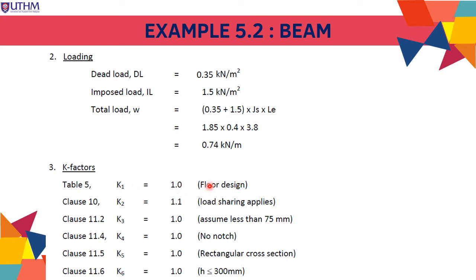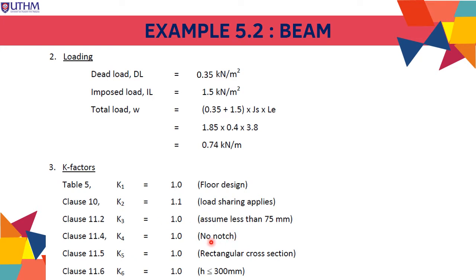For the duration of load, since this is the floor design, K1 is 1. K2, load sharing applies because it has few timber joists, so K2 becomes 1.1. K3, we assume less than 75 mm, so K3 is 1.